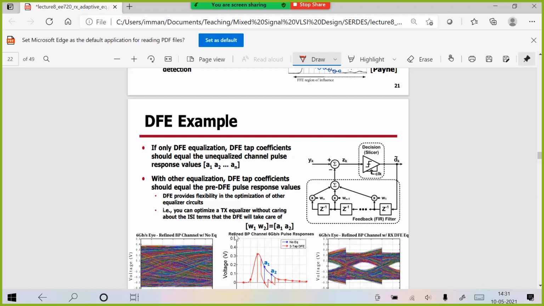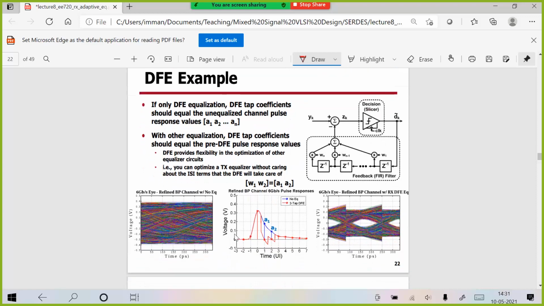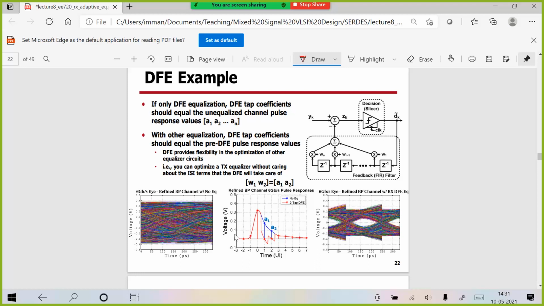Nevertheless, you are left with a certain amount of ISI. That residual ISI is what you need to compensate with your DFE. Which is why, with other equalization, the DFE tap coefficient should equal the pre-DFE pulse response value. That's what I explained. The pre-DFE pulse response values.